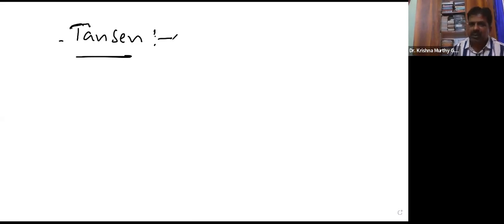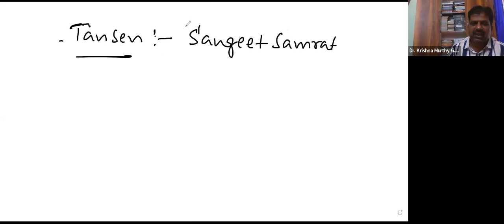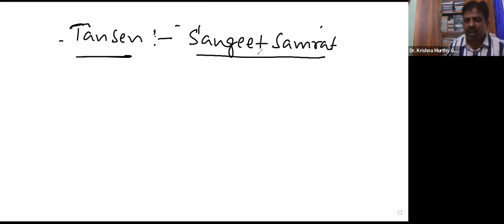That's an important thing. Akbar recognized him with great honor with the royal musical title that was called Sangeet Samrat.